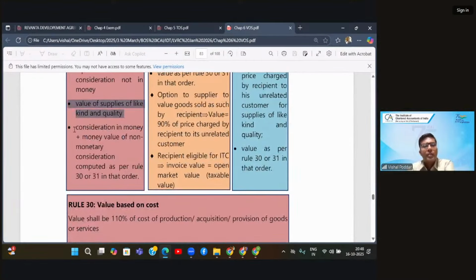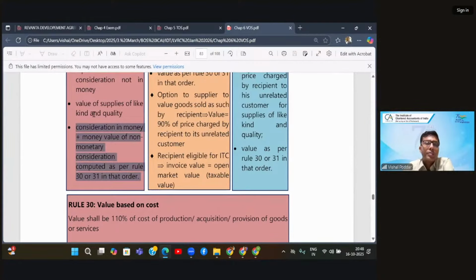And if that also fails, then the final method is that you have to apply rule 30 or 31. What are rules 30 and 31? Rules 30 and 31 are the residuary rules. One rule says that you do costing, find out the cost of that goods or service, and add 10% to it.